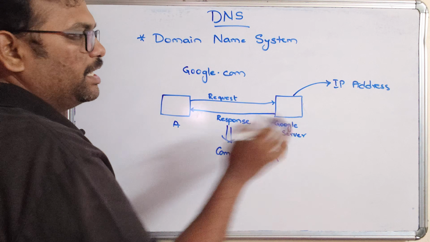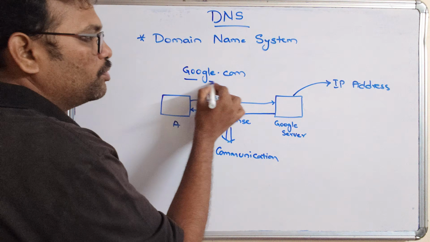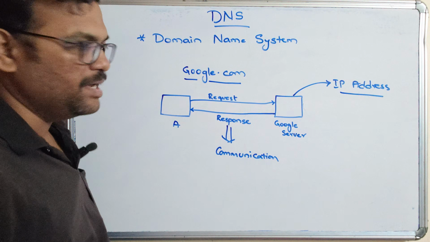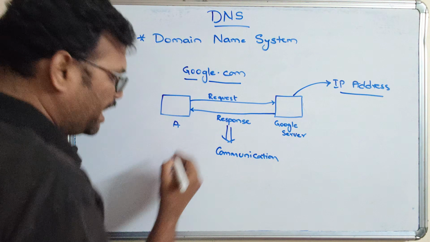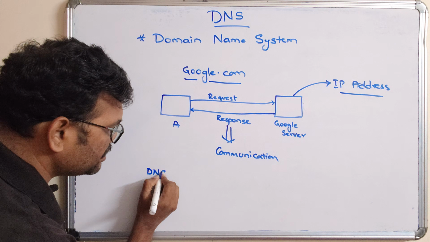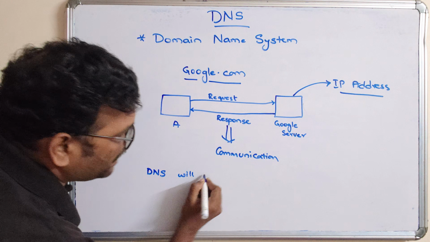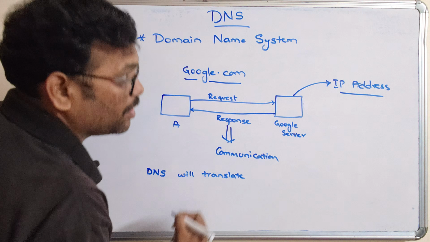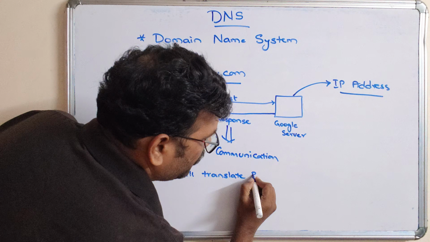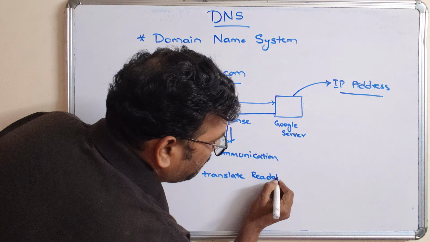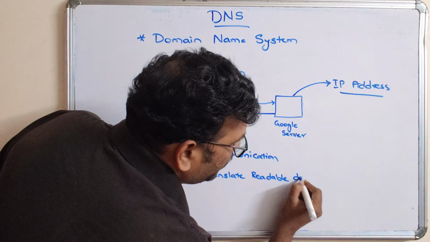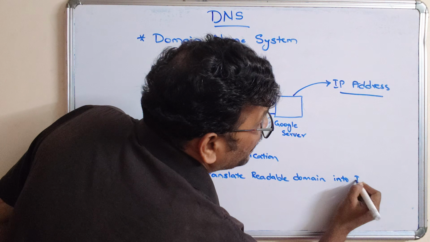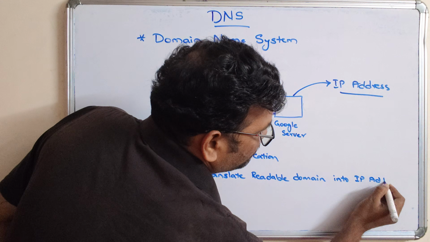But here we are using google.com instead of the IP address, right? So DNS will translate the human readable domain into an IP address.